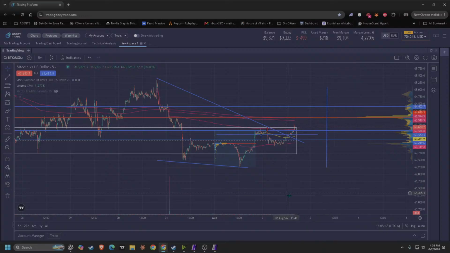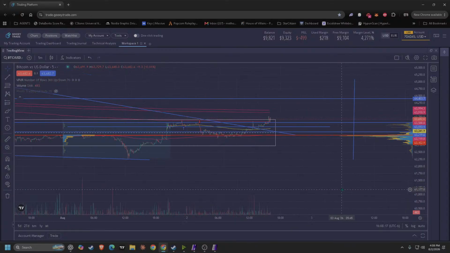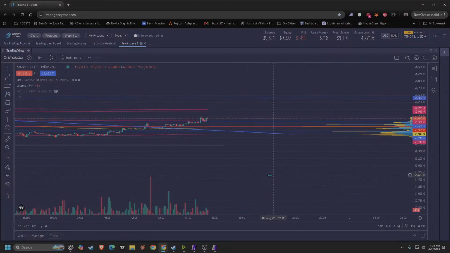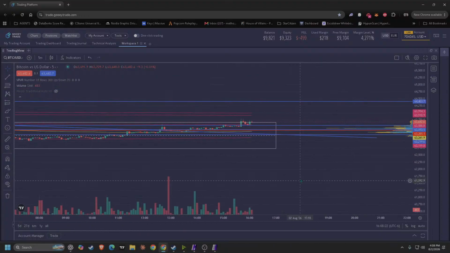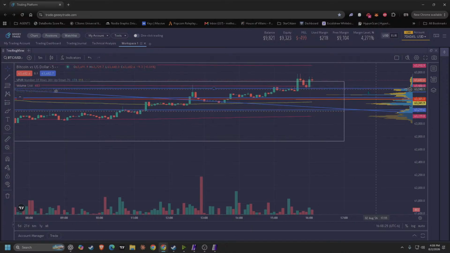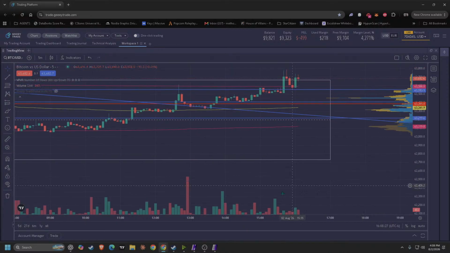And then volume, zoom in. So right here, crazy. That's where the battle was. That's where we got significant volume.